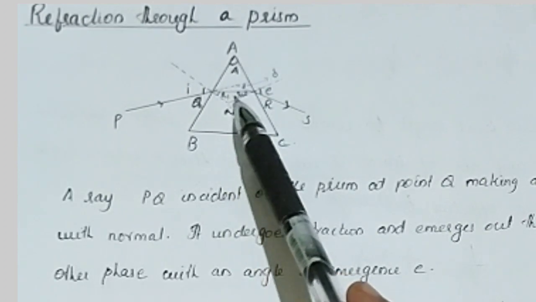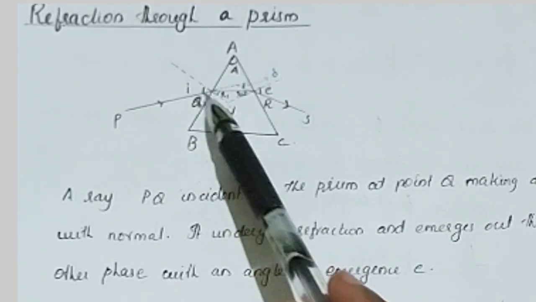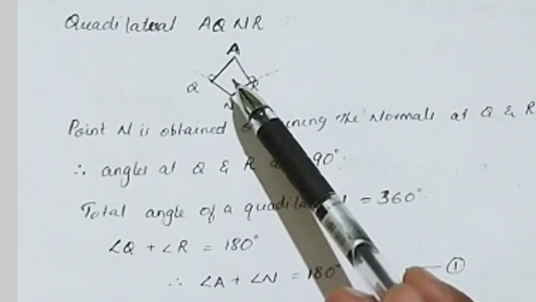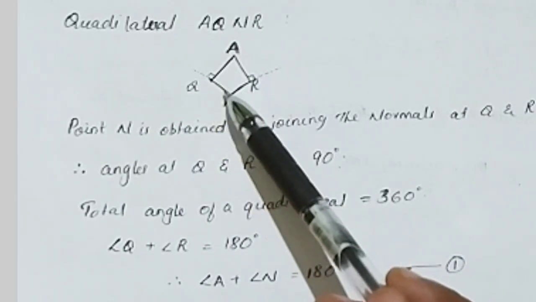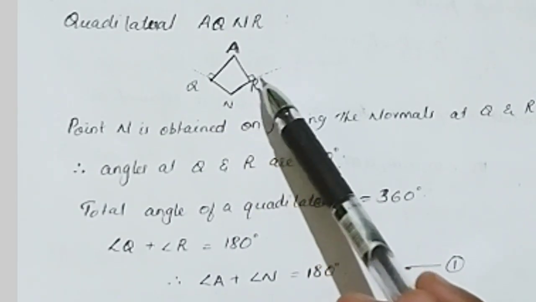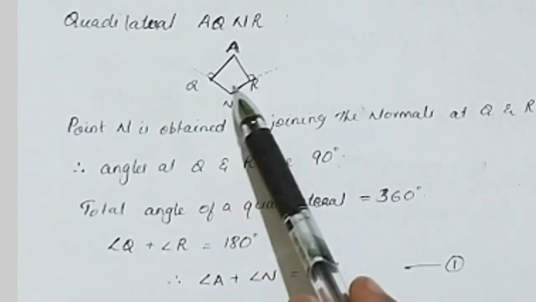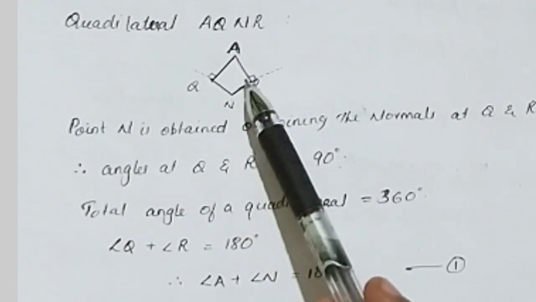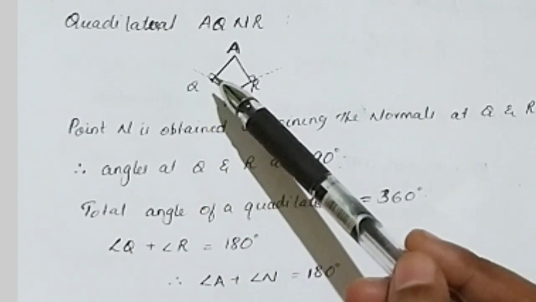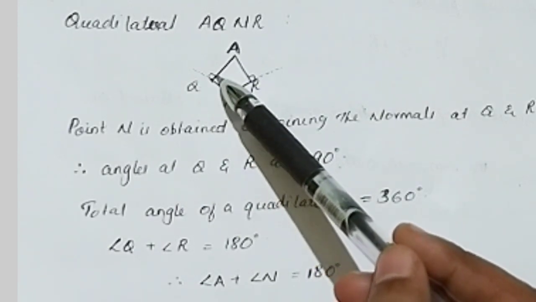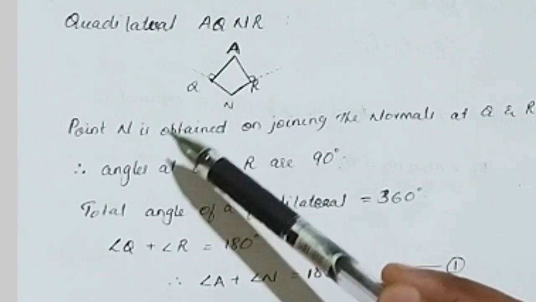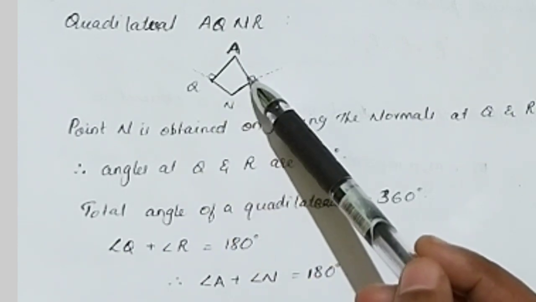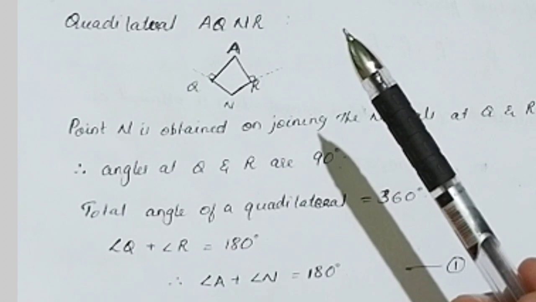Now if we analyze the quadrilateral AQNR, we can see that the point N is obtained by extending the normals at both the faces of the prism, and we can therefore say that the angle Q, that is the angle between the face and the normal, is 90 degrees, and angle R is also 90 degrees.